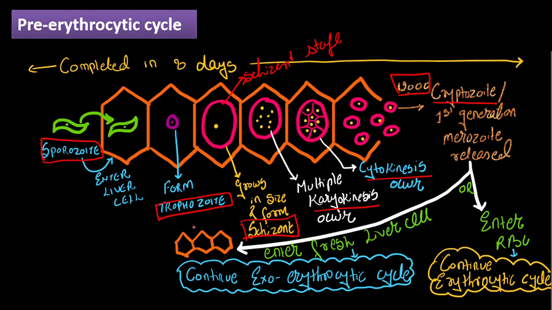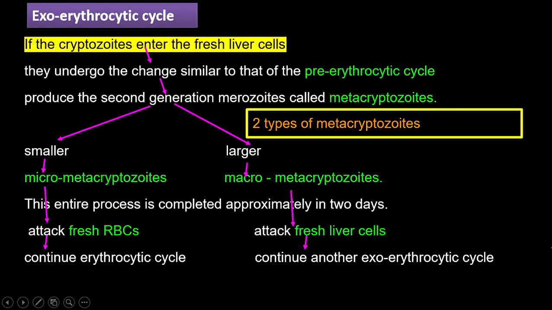Either it is going to infect a fresh liver cell, अगर तो we call it exoerythrocytic cycle. अगर तो it is going to enter into RBC and infect the RBC, we call it erythrocytic cycle. So this was about the pre-erythrocytic cycle जो पहले होता है before infecting the RBC.